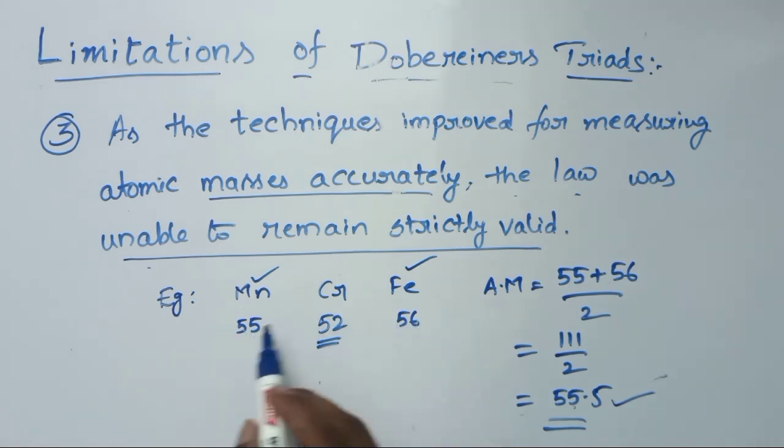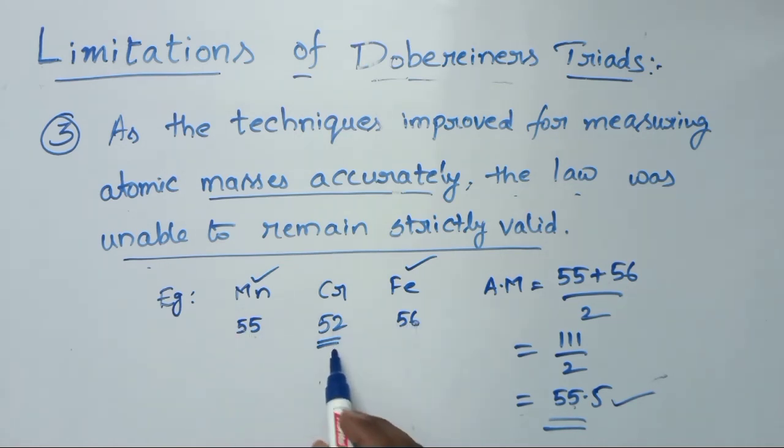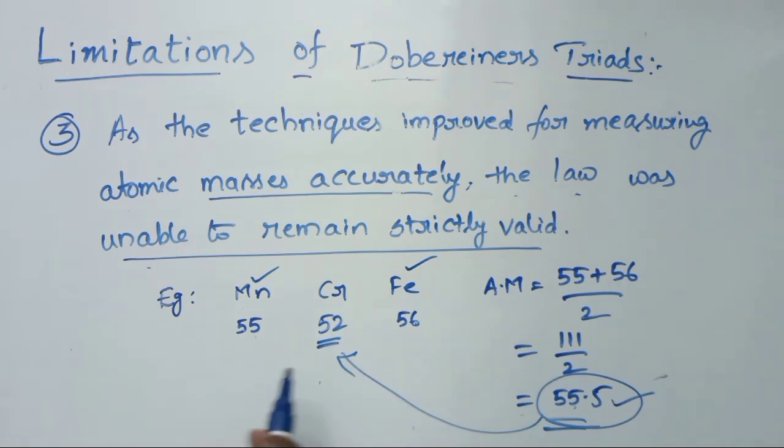Actually, if you find the mean of these two, we should get this value, but here we got 55.5. This is a large difference in finding the atomic weight of the middle element. Like this, if I want to find the atomic weight of a middle element accurately, this law is not strictly valid.